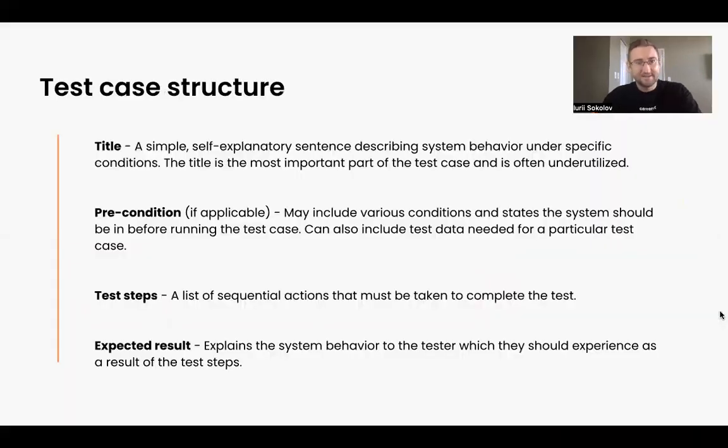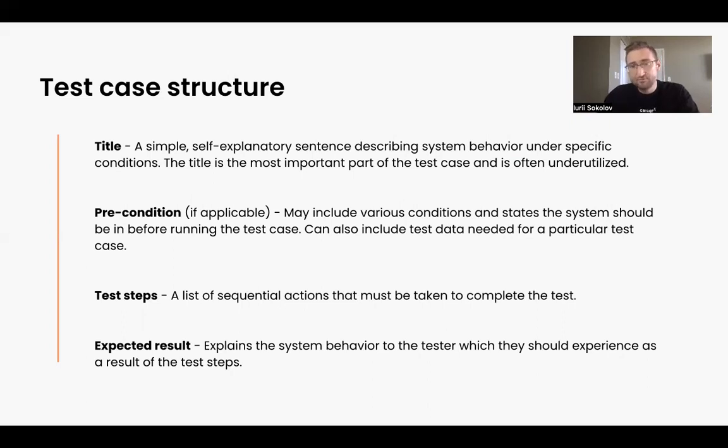Okay, so let's start with the test case structure. Again, when you browse online, when you go to different forums and testing websites, they may say there are very, very different structures of test cases. Some test cases may have, I don't know, 15 fields.